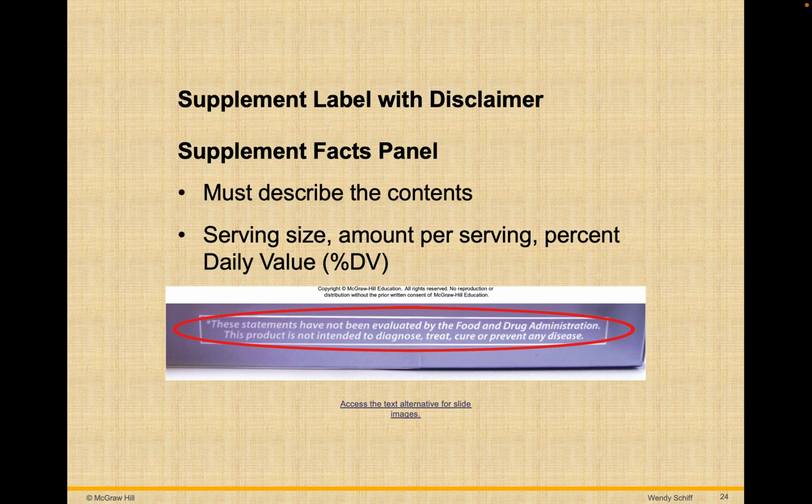This statement has been evaluated by the Food and Drug Administration. This product is not intended to diagnose, treat, cure, or prevent any disease. If you have a bottle of vitamins at home, take a look. I think you'll see this disclaimer as well.